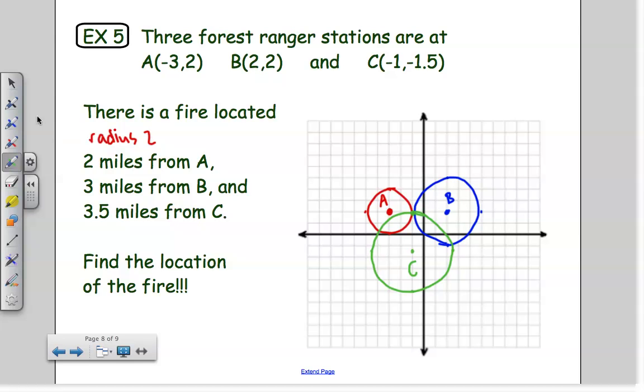Not bad. It looks like we've located the fire right here where all of those circles intersected. Look, it was 2 miles from A, 3 miles from B, 3.5 miles from C. It's at negative 1, comma 2. Okay? So we talked about circle equations in a coordinate plane today, being able to graph them and write those equations.